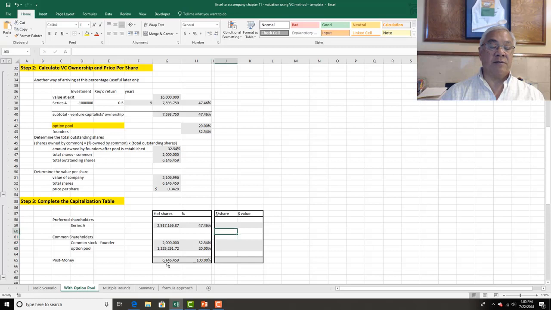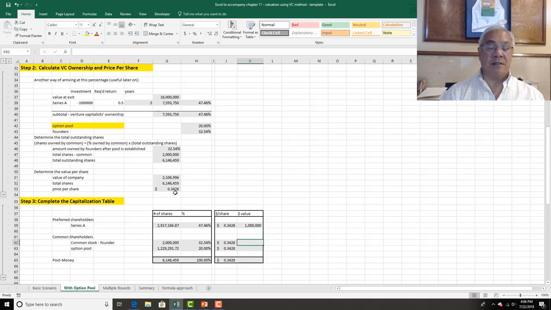And now we get to dollars per share. Dollar per share dropped to 34 cents, and that's the same for everyone. So at the time of funding, everyone's at the same value per share. So that's the amount per share times the number of shares.